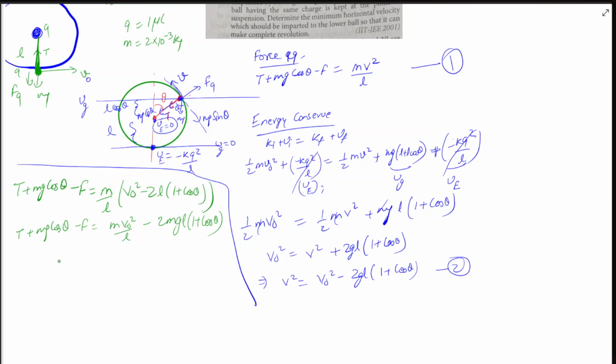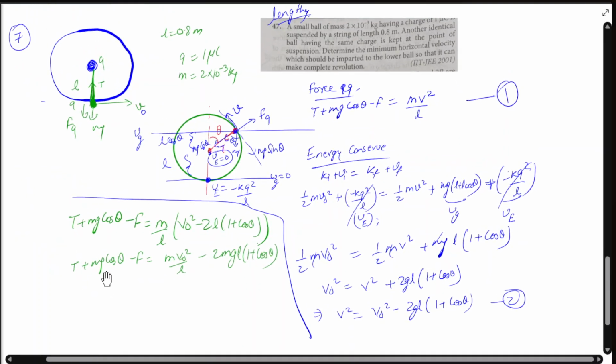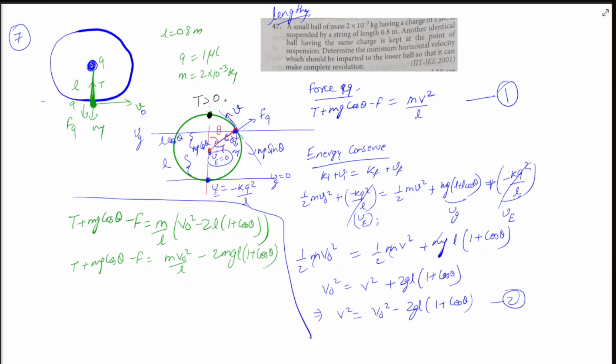Now remember the derivation. At this point, T should be greater than 0. So if I put theta equal to 0 degree, then T must be greater than 0. So let's first find T. Let's put theta 0.